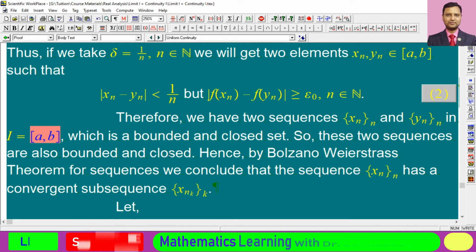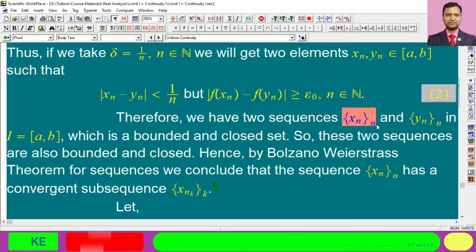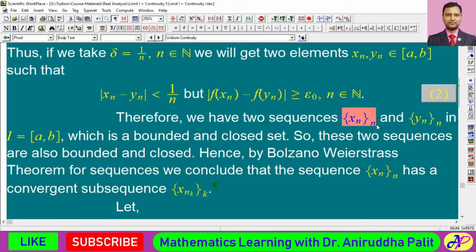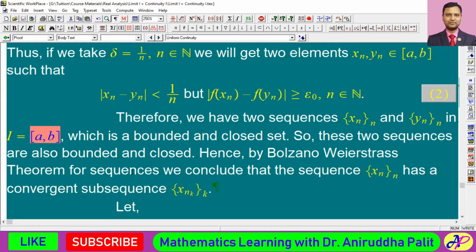Let us start with the first sequence xn. Both sequences are members of this bounded and closed interval AB, and so both sequences are bounded.